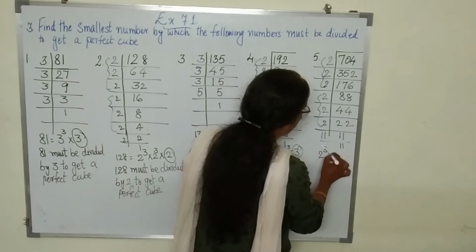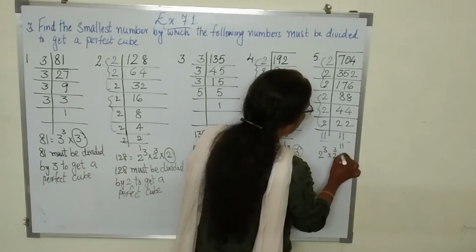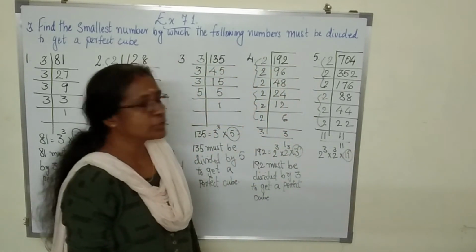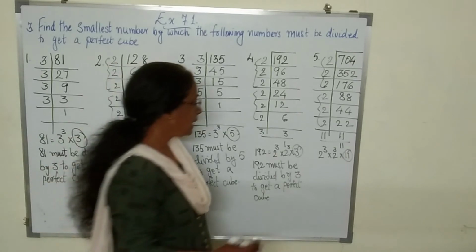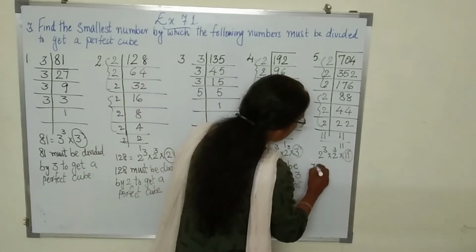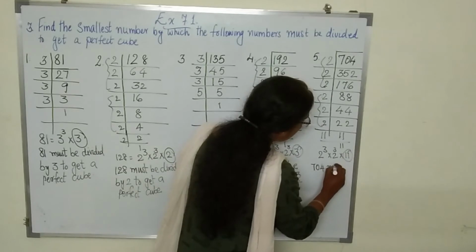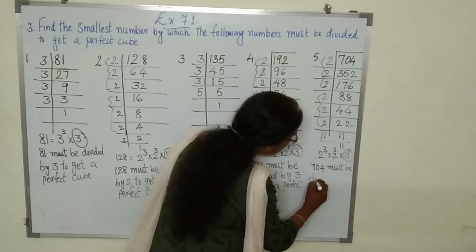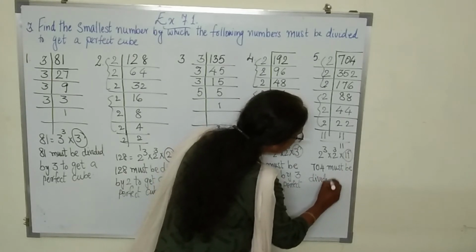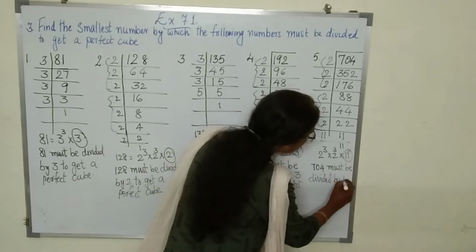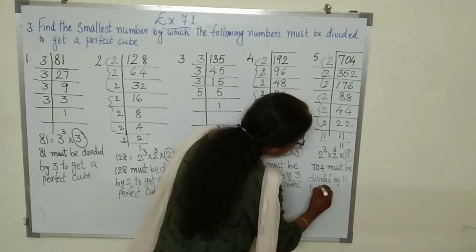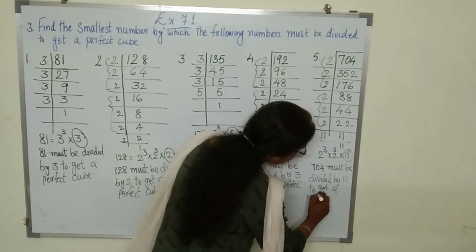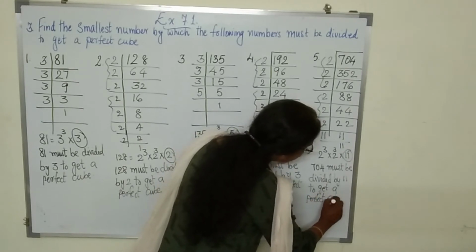That is 2 cube into 2 cube into 11. So the extra factor is 11. So 704 should be divided by 11. 704 must be divided by 11 to get a perfect cube.